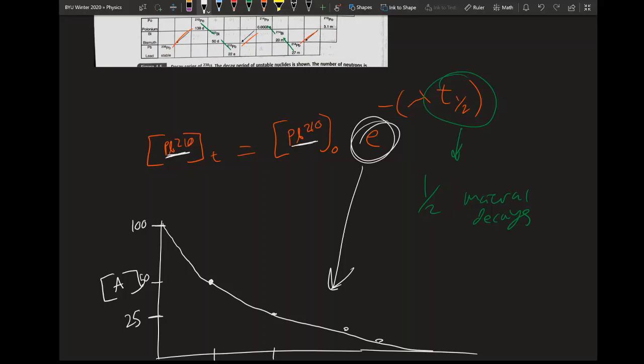This is how you do it. So if you started off with a ton of lead-206 and you had 2 half-lives, then you would have only 1/4 of the initial material left in your t-naught. And that's kind of how you'd use this equation.